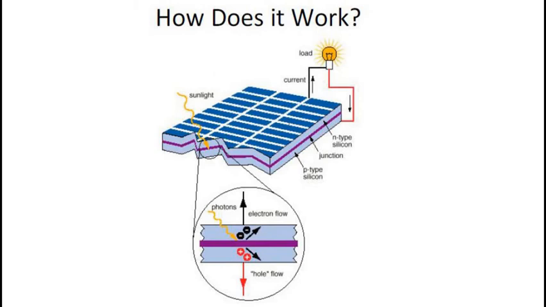Now this is a diagram for the solar cell working. A solar cell is basically a PN junction diode. When light reaches the PN junction, the light photons can easily enter the junction through the P layer.